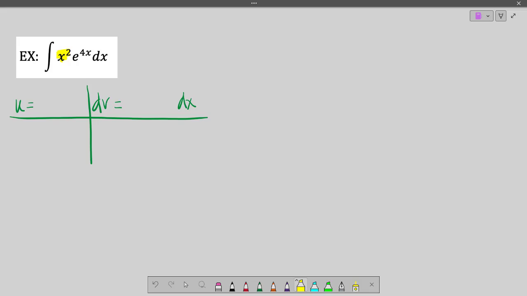Going with that, what will be our antiderivative there? For an exponential, you always get itself first, exactly as it is.